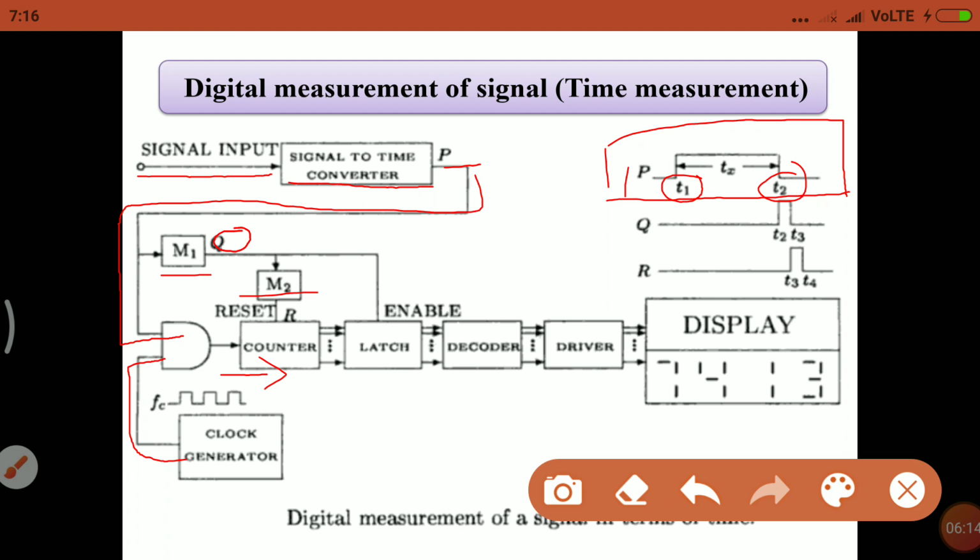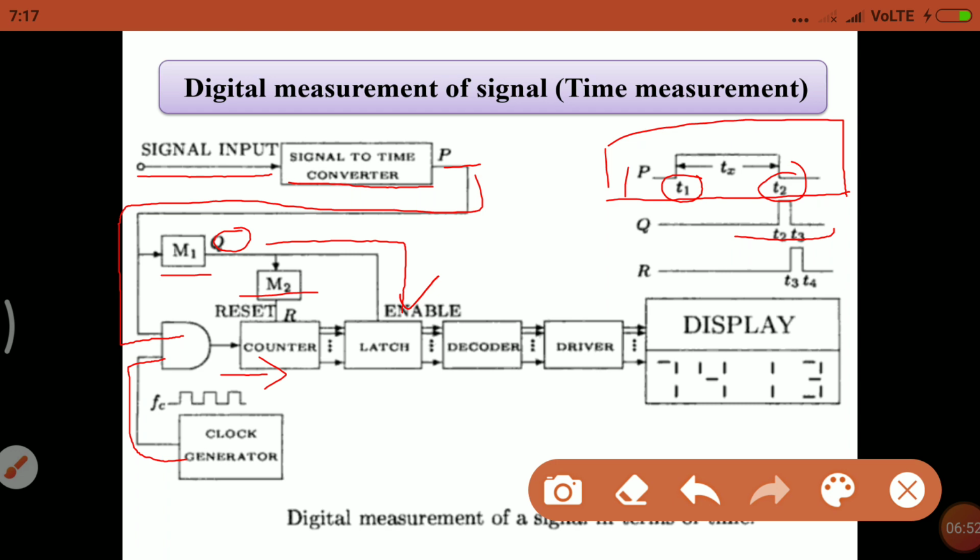So at point Q there is generation of a narrow pulse, between time T2 to T3. Now this is given to the latch circuit, so the latch is enabled. So the counter stops the counting of the pulses because the latch is enabled. Whatever data is transferred from the counter to the next decoder circuit will stop.